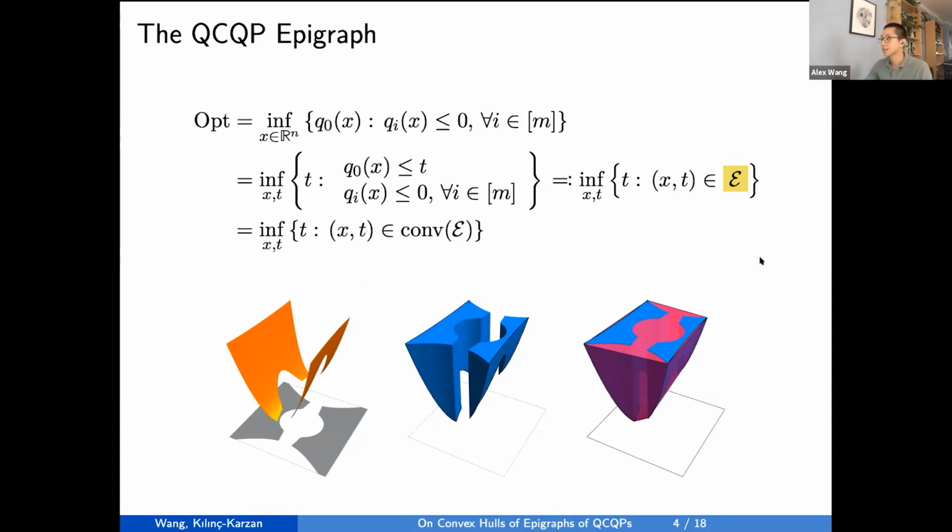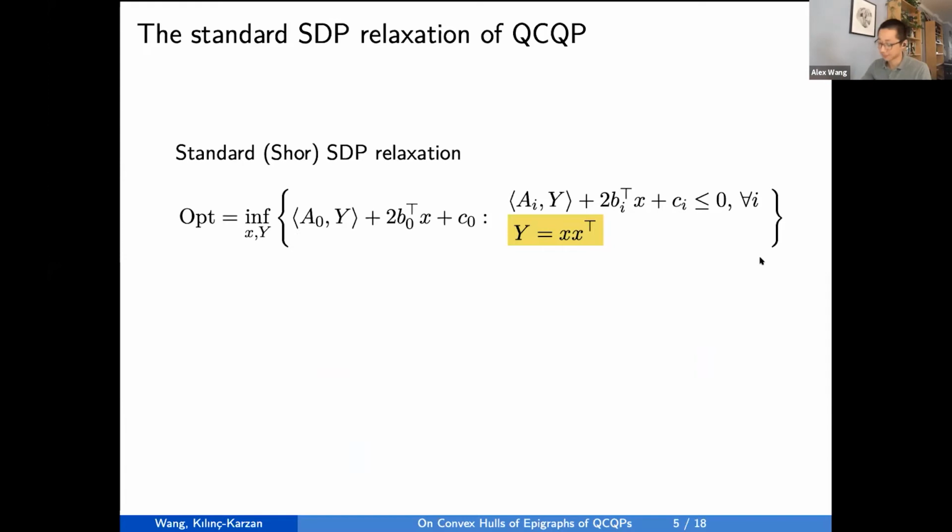For this guess, I need to tell you about the standard SDP relaxation of a QCQP. I'm going to begin by rewriting the original non-convex QCQP. I'm going to introduce this new variable capital Y and constrain it to be equal to XX transpose.